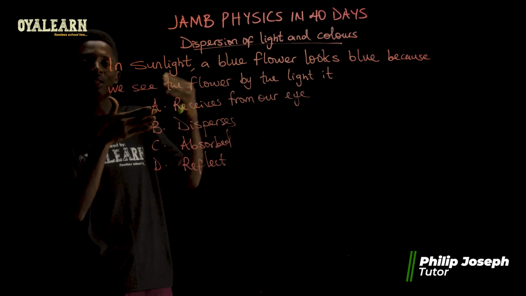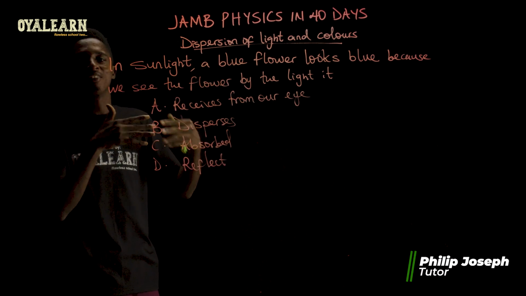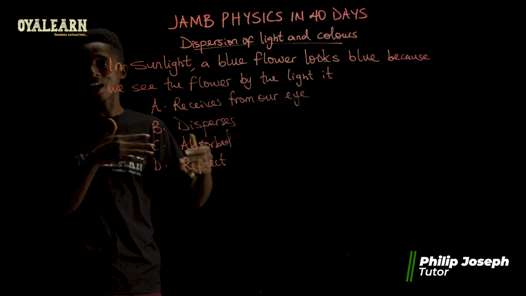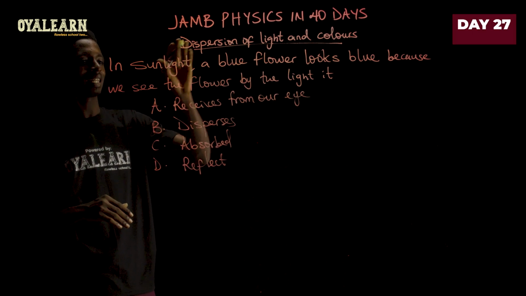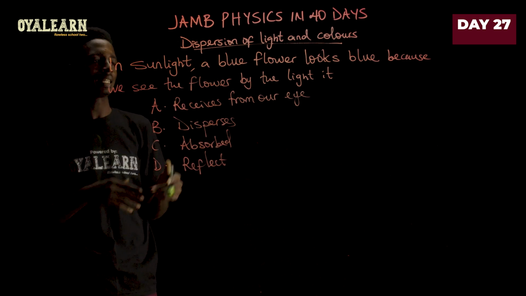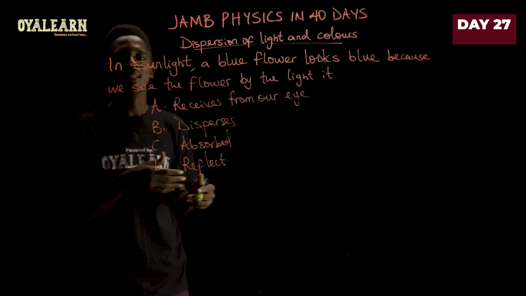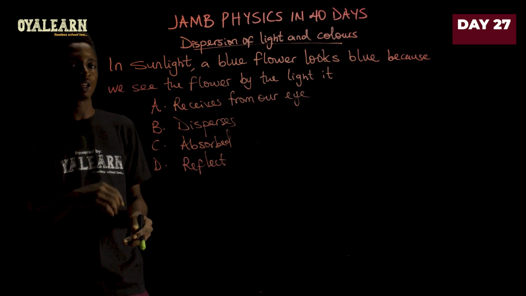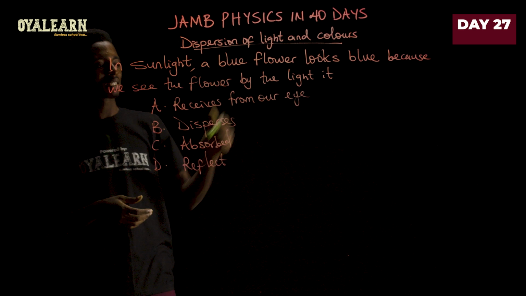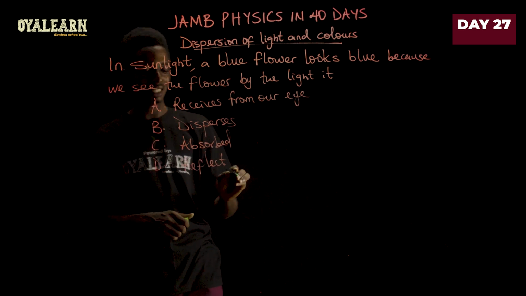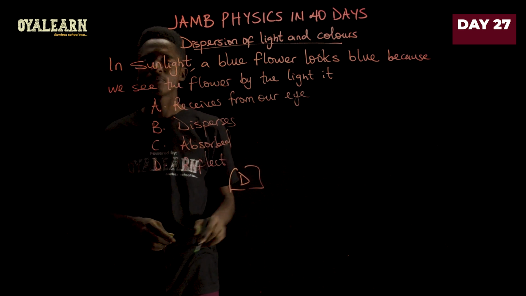That's what leads us to additive mixing and the creation of secondary and tertiary colors that we know. But in this question, because sunlight is white light, it beams on a flower, that means it's able to absorb all the other colors and it's only reflecting the blue color. So because it reflects blue color, the answer here is option D.